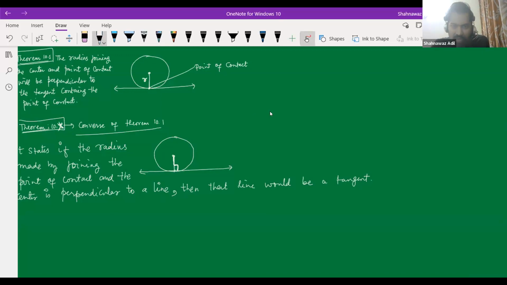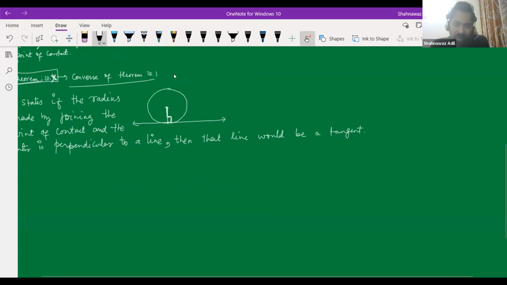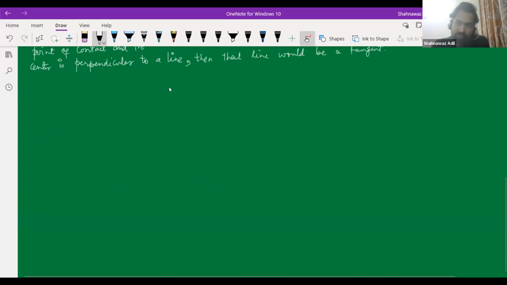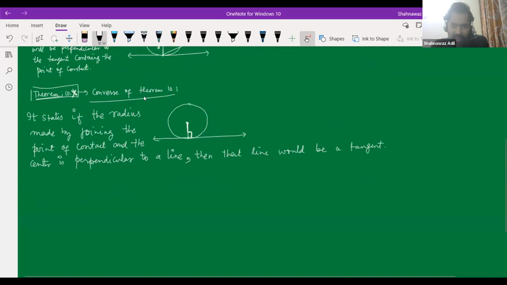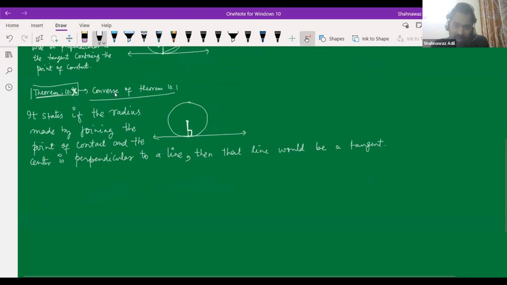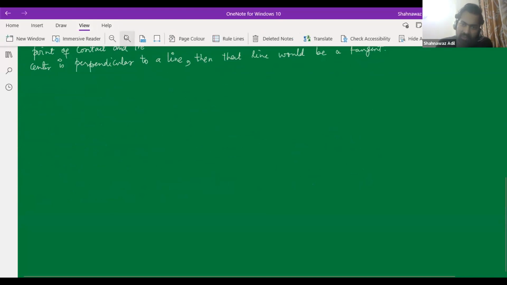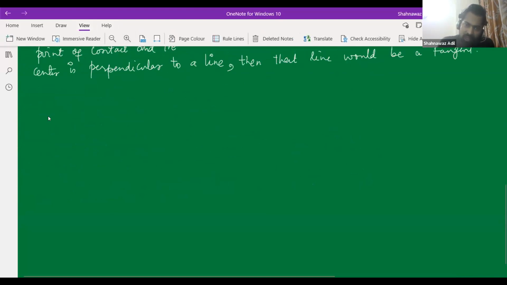This is another theorem which is the converse of theorem 10.1. The converse theorem is not in the textbook. So the next theorem that we have is theorem 10.2.